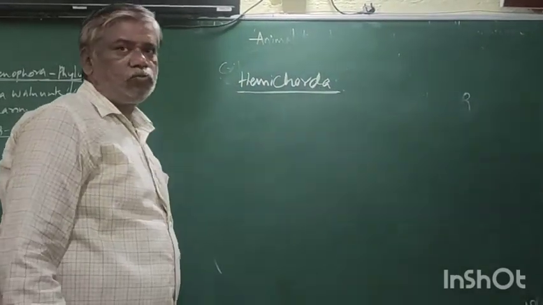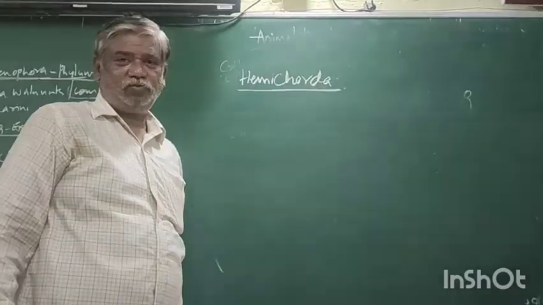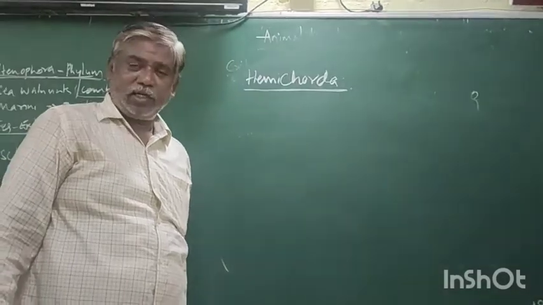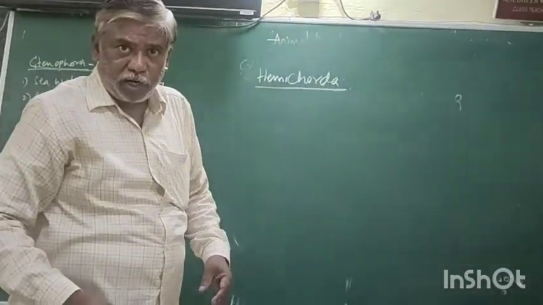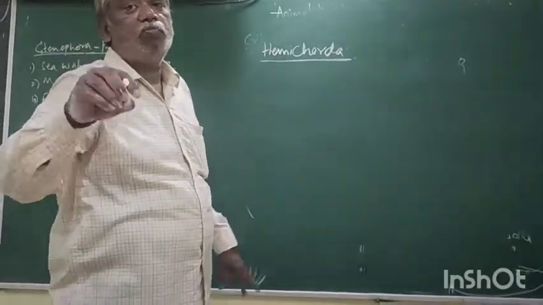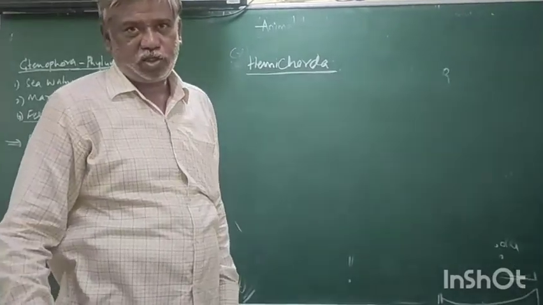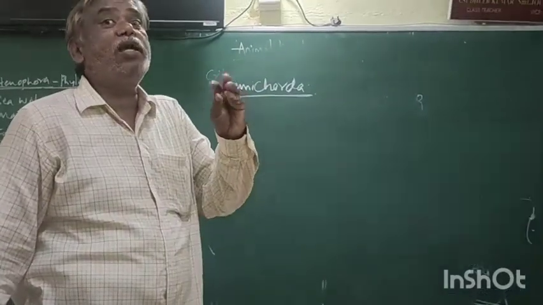Hemichordata. Previously it was included in chordata, but recently it was separated from chordata and raised as a phylum. According to some authors, this is the connecting link between chordates and non-chordates. These are worm-like animals.